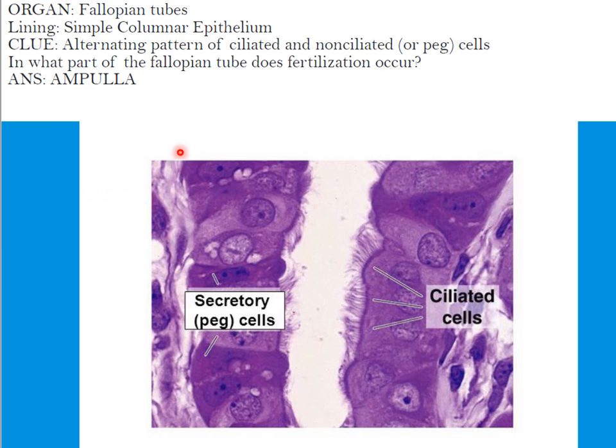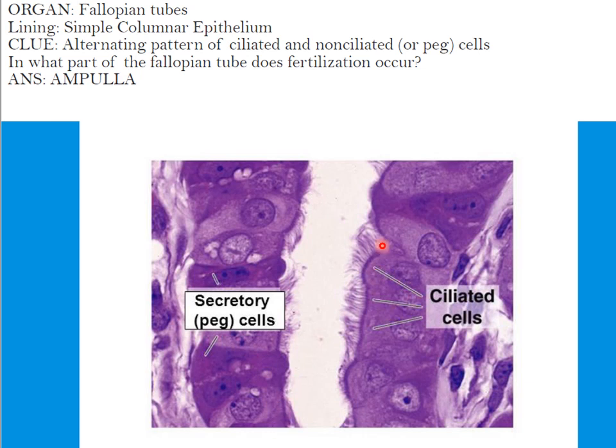So, the next part is the fallopian tubes. The lining is simple columnar epithelium. Bakit simple columnar epithelium? Kasi it can carry out functions such as secretion and transportation of the cells, such as in this part, yung oocyte. So, in this epithelium, may makikita kang mga ciliated part. Minsan, walang cilia. Okay?